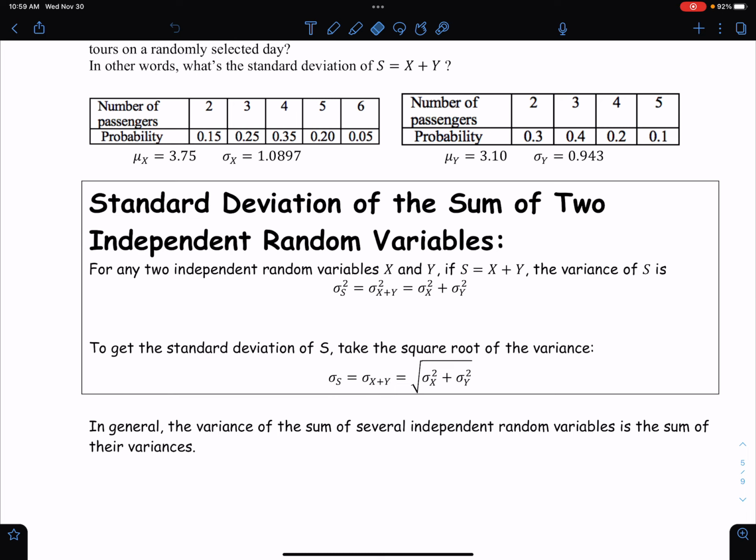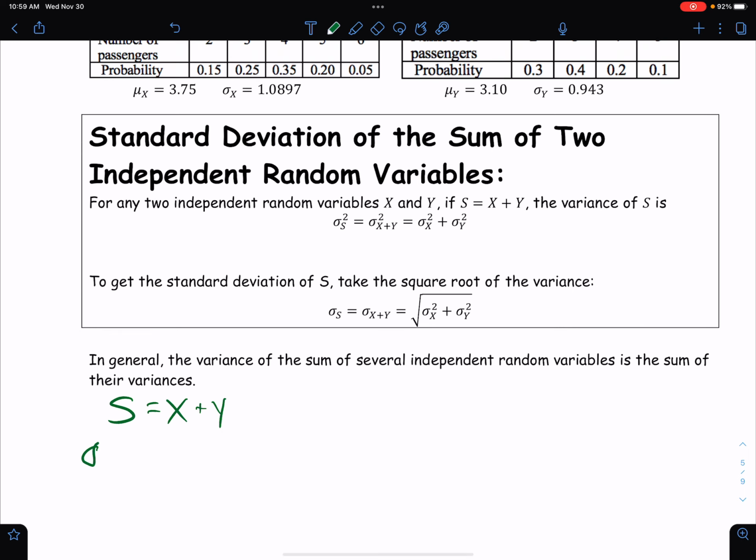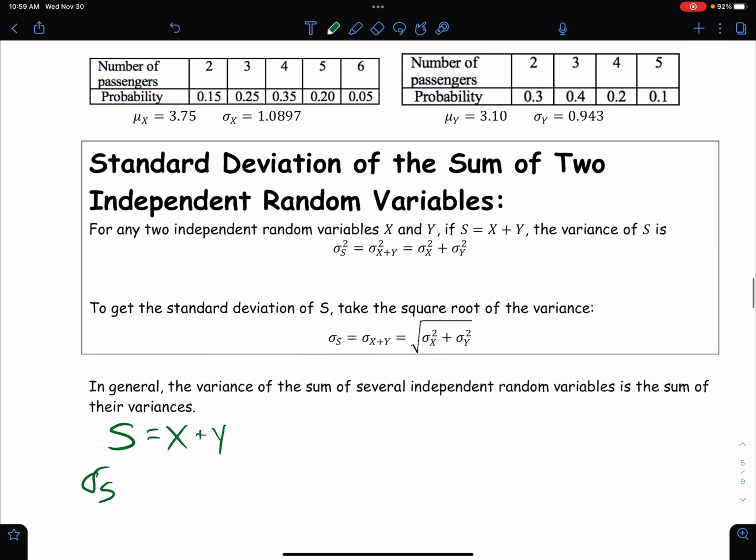If we look at the event S, what is the standard deviation of the event S? Think back, S was when you were adding Pete's number of passengers and Aaron's number of passengers. So we want to find the standard deviation of S. In order to find it, we cannot just add the standard deviations of X and Y together, because we have to first find the variance of S and square root that.